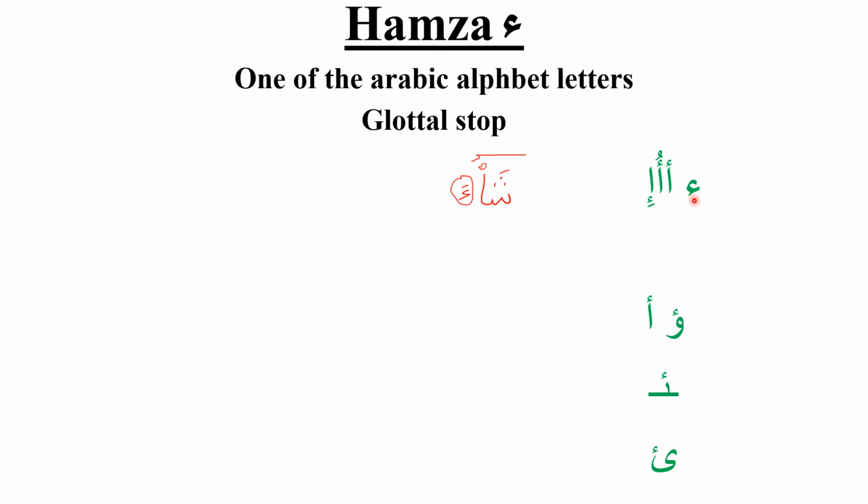This hamza right here could be used like this, or it can also be on a waw, and I will give you examples of most of these right now if we get the time.